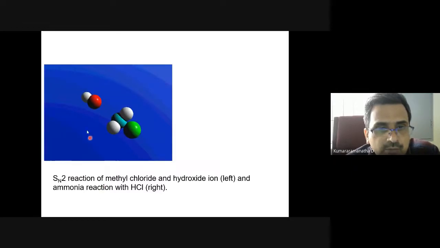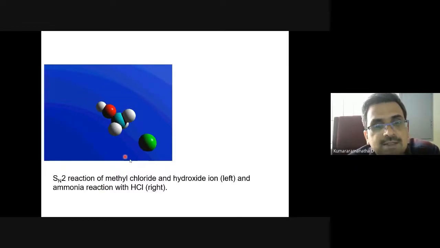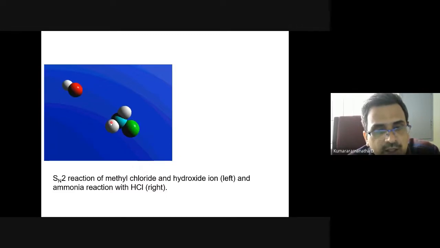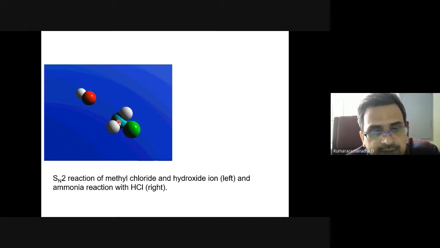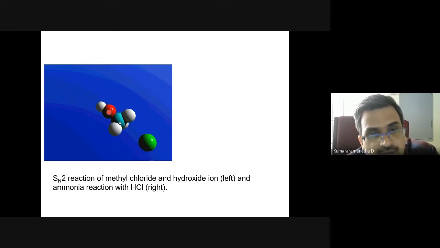You see how methyl chloride reacts with hydroxide, OH minus. When this comes, the chloro group will leave and this will attack. And you see the bonds, the hydrogens are coming this side, where earlier it has moved, inverted.